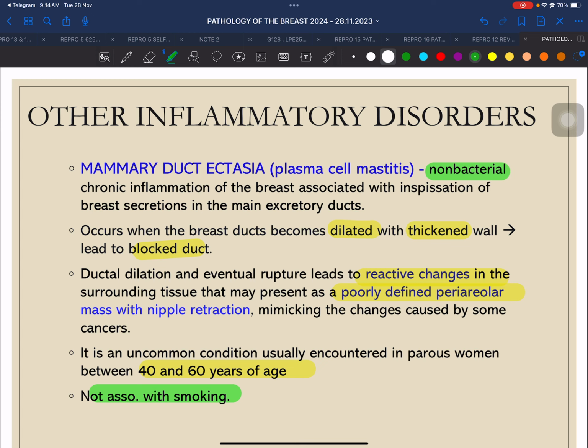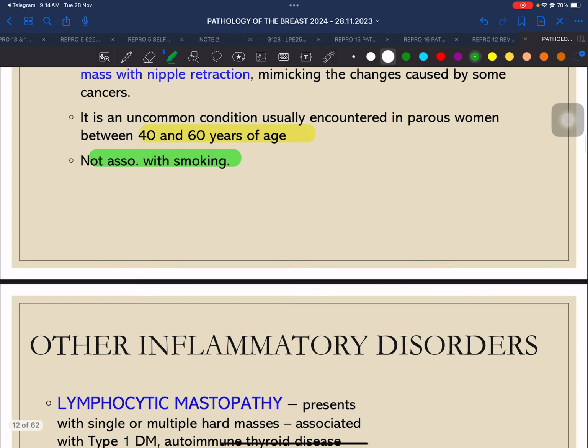This is not due to tuberculosis. This is caused by a hypersensitivity reaction to an antigen expressed during lactation. So the treatment between the systemic tuberculosis and the localized granulomatous mastitis is different. One requires steroids, while the other you need to treat with anti-TB treatment. Okay.